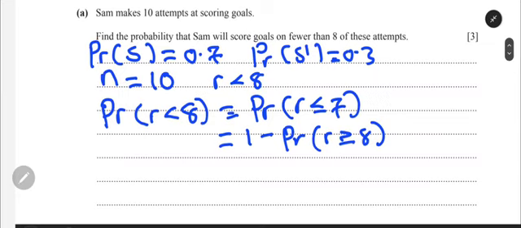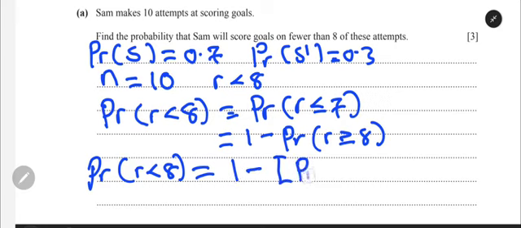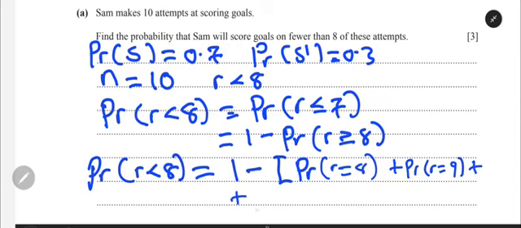If you are to make use of the second one, the probability of r less than 8 is equal to 1 minus the probability of r equals 8 plus the probability of r equals 9, then plus the probability of r equals 10.